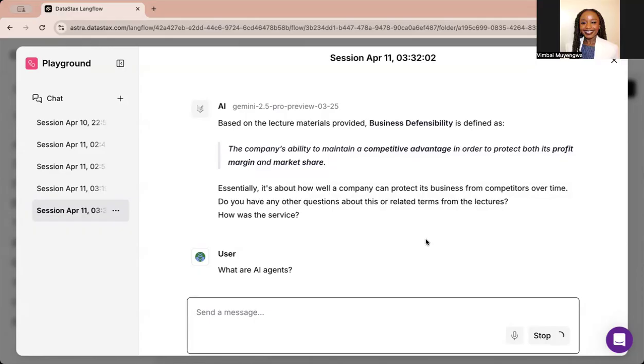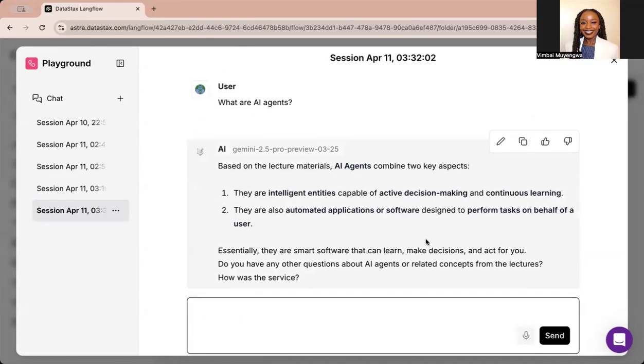Just in case this takes a little bit longer, I just want to thank you for joining the demo today, and hopefully I've been able to answer a few of the questions that you might have. So here we go. It says, based on the lecture materials, AI agents combine two key aspects. They're intelligent entities capable of active decision making and continuous learning.